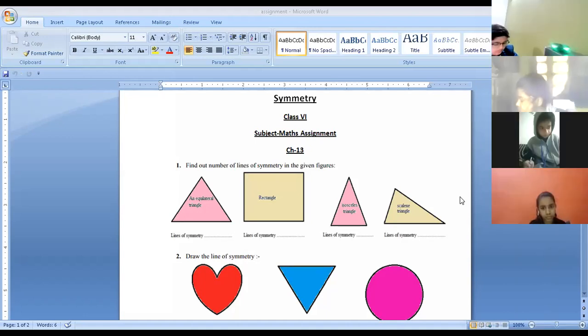Draw it, children. Yes, Rayan Azhar Khan, can you tell me in an equilateral triangle how many lines of symmetry are there? Yes, Rayan, unmuted. Unmuted, beta.